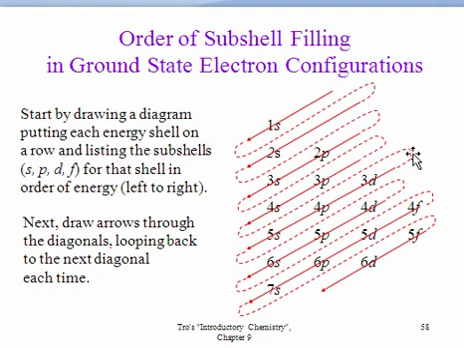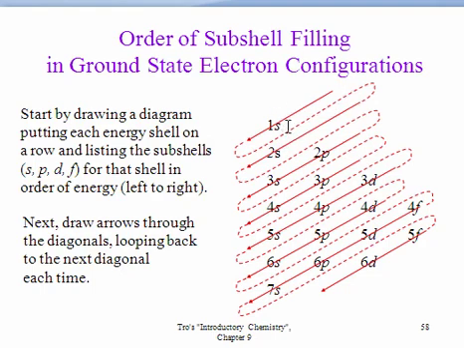Then we go back around here, then we go to our 3d, our 4p, our 5s, and go back around, 4d, 5p, 6s, go back around, 4f, 5d, etc. And what we do is we fill each subshell before we go to the next.